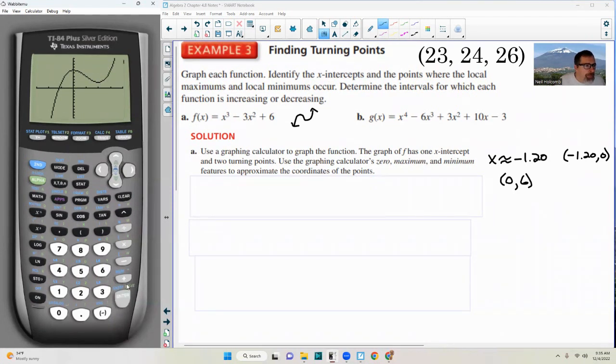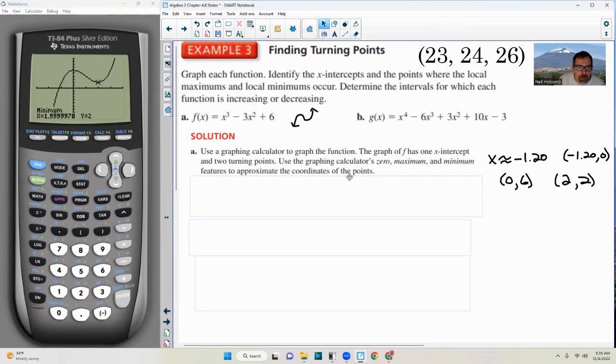So I hit enter, and my relative minimum or local minimum is the point 2, 2. Okay, so whenever the calculator gives you a number like that, 1.9999, that's really close to 2. It actually is 2. So if I plug it in, I'd get 2, 2. So that is where my minimum is, my relative minimum.